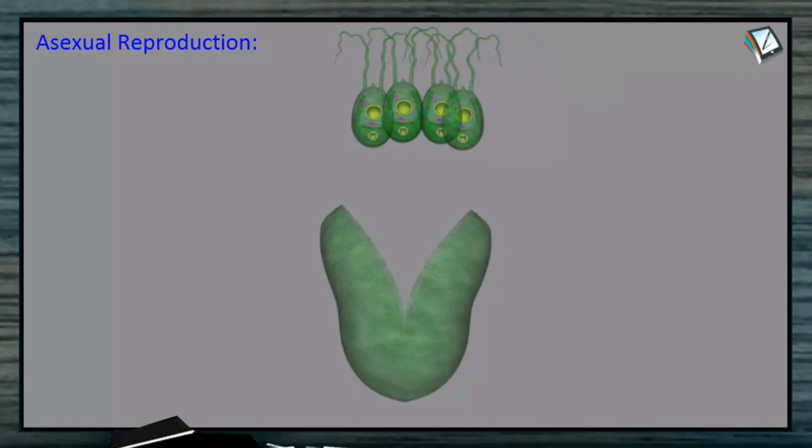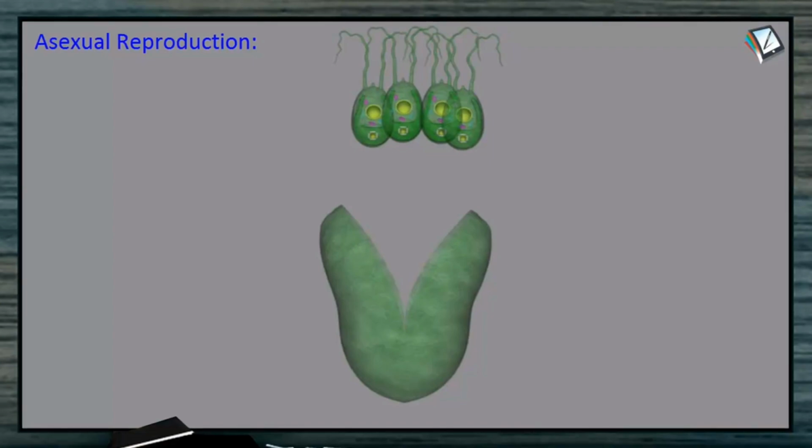So each zoospore is exactly like the parent cell but small in size. Gradually, this zoospore grows in size and attains its original size. That is asexual reproduction.